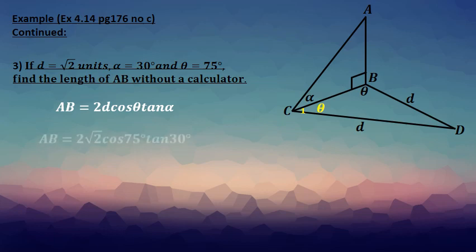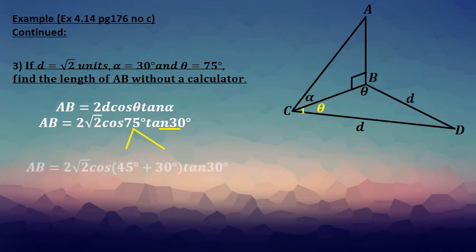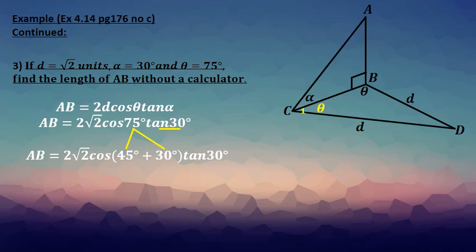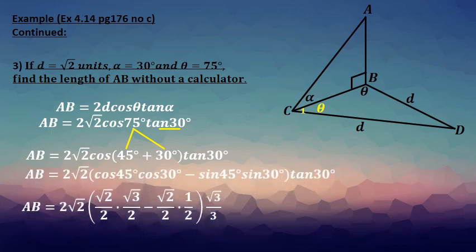So let's just substitute in those relevant values, and then you need to realize 30, woohoo, special angle, we'll deal with that later, but 75 degrees we can perhaps split into a compound angle identity, because 75 is a beautiful sum of two special angles being 45 and 30 degrees. Right, let's apply our compound angle identity and then insert what our special angles are actually equal to.